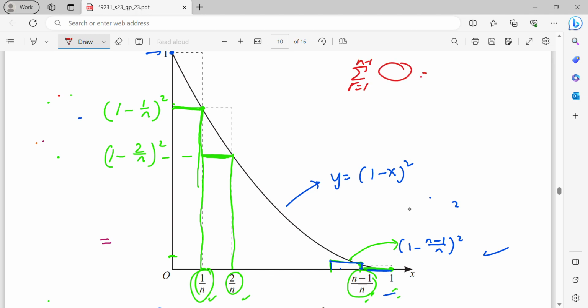The summation here, I have to change to r from 1 until n. That means you are finding all the sum up to here, then I need r from 1 until n, so I need to add one more. n is here, right?